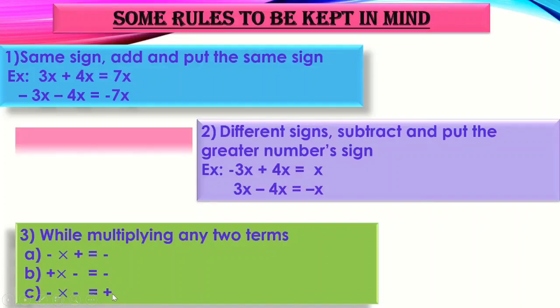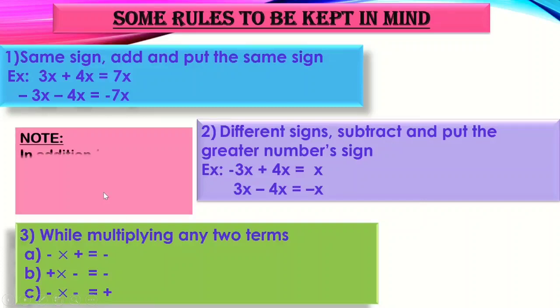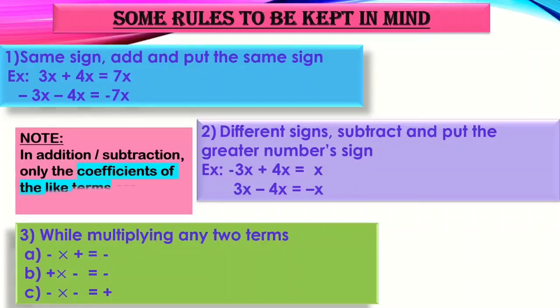One important note here is, when we are adding or subtracting any two algebraic terms, only the coefficients of like terms are added or subtracted. Only the coefficients. It is a very simple example, but still you can have the idea that we are only operating on the coefficients. Minus 3 plus 4 is giving us 1x or simply x.